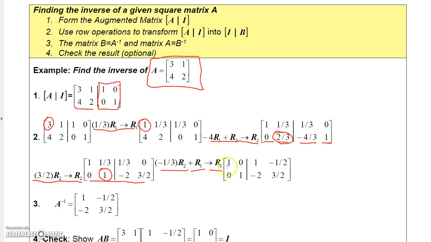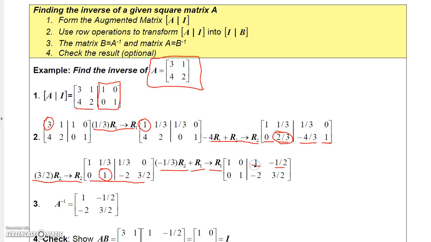That gives me 0. Then negative 1 third times negative 2 is positive 2 thirds. And 2 thirds plus 1 third is 3 thirds, which is 1. And then negative 1 third times 3 halves, the 3's would cancel, so you would get negative 1 half plus 0 would be negative 1 half.